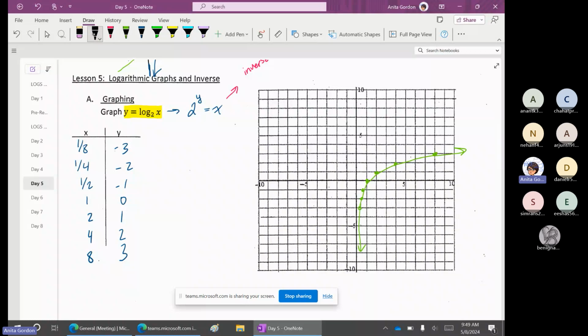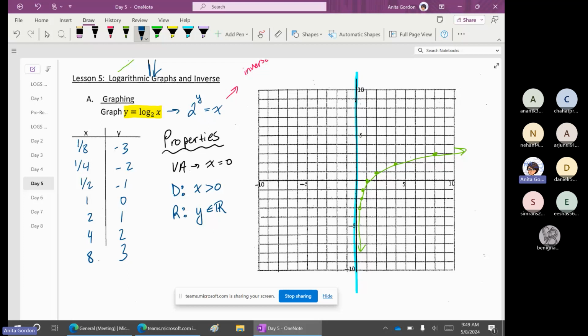So, key features and properties of logarithmic graphs. We now have a vertical asymptote at x equals 0, so we cannot cross the vertical boundary. This means that our domain is that x has to be a positive number. Our range in this case is y is all reals, because you can see that it's going to go down forever, and it's going to go to the right and up forever as well.